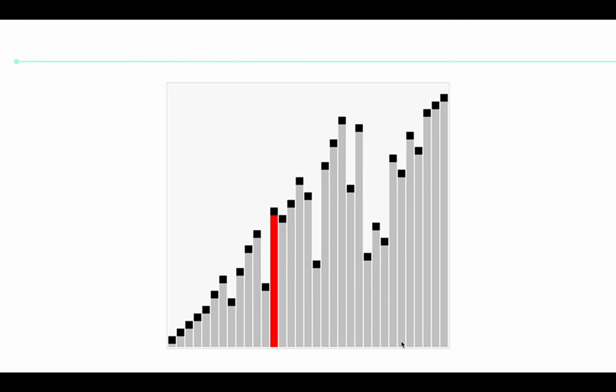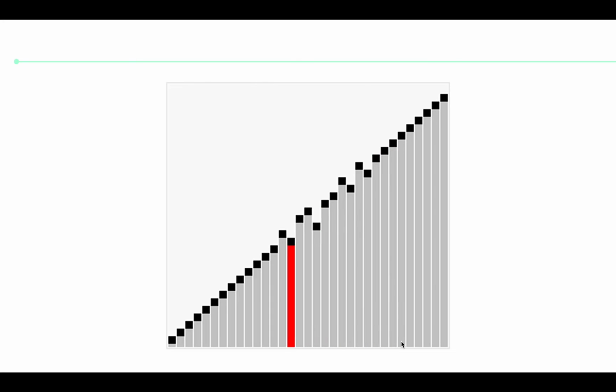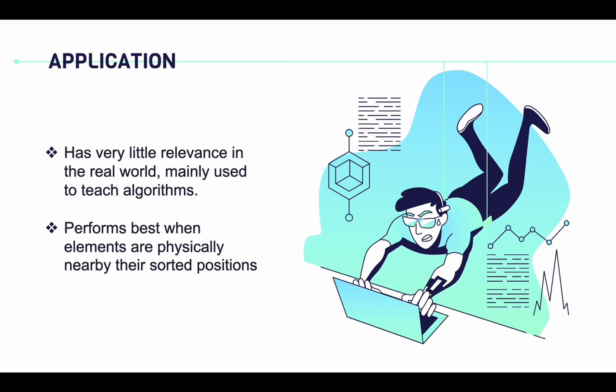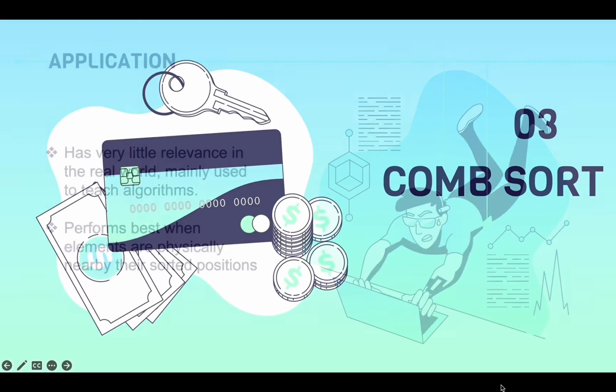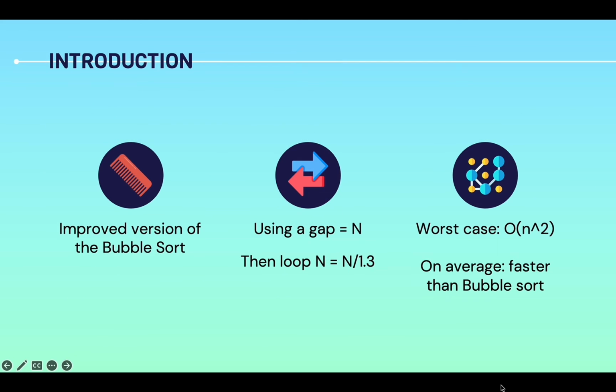It is double that of the bubble sort, thus reducing the overall running time slightly, but it is still really slow. So it is used to introduce sorting algorithms in education and for fixing almost sorted arrays, like bubble sort, with linear time complexity.